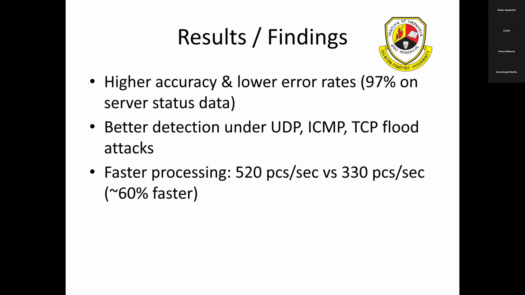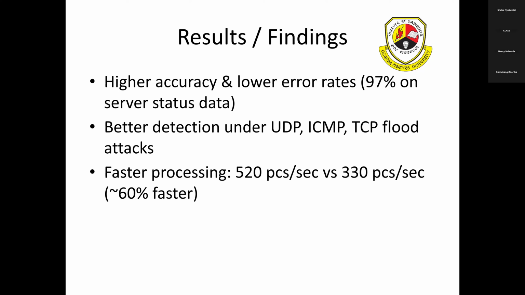Also, this improved k-means algorithm's way of detecting data was better than the traditional one. Then another thing, it was faster processing. This improved k-means algorithm was faster in the way of tracking data than the traditional one.